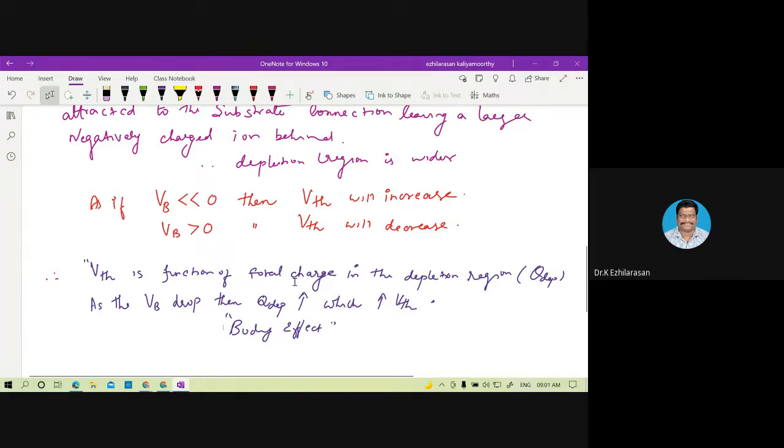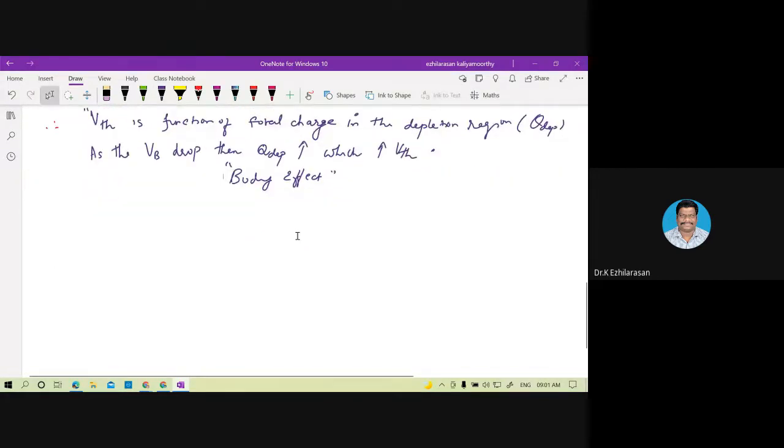Practically, if you want to show it, you might have drawn some diagrams. I hope you remember, like in the two input NAND gate.